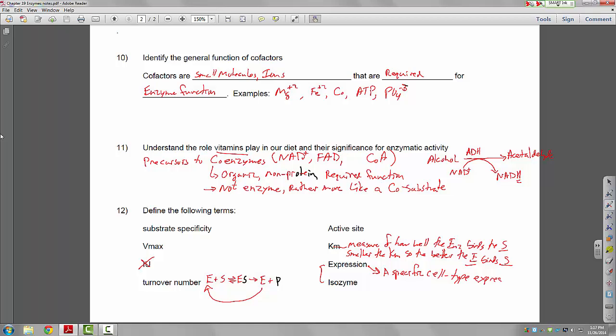We use the term expresses, that is to say, makes specific types of proteins, while other different tissue types make different types of proteins.